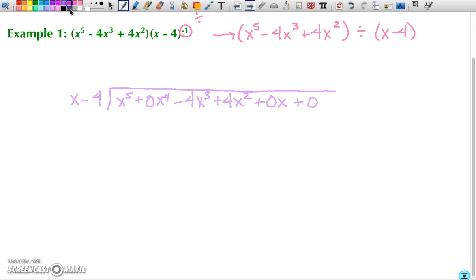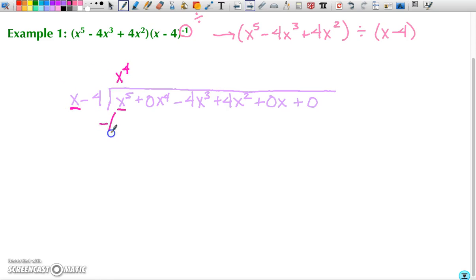So then from here, what you do is you ask yourself, what do you need to multiply x by in order to get x to the 5th? Well, using the rules of exponents, x to the 4th times x is x to the 5th. So once you've decided what that variable is, you're going to multiply it by x, and also multiply it by a minus 4.